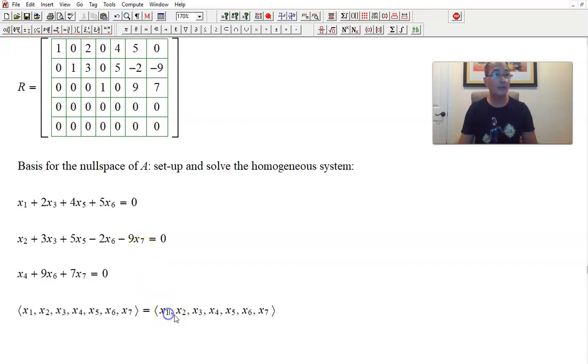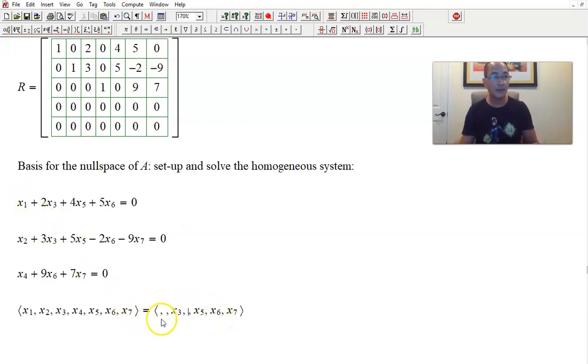So we will erase x1 because we're going to solve for x1. And we will erase x2. We will solve for x2. x3 is free, so we keep it. We will erase x4. We will solve for it. x5, x6, and x7 are all free. Okay, so again, x3 is free, x5, 6, 7 are free.